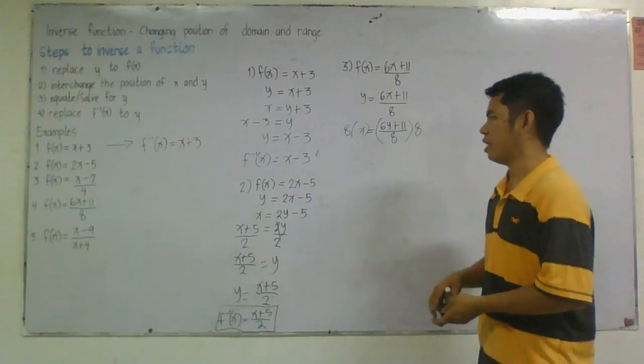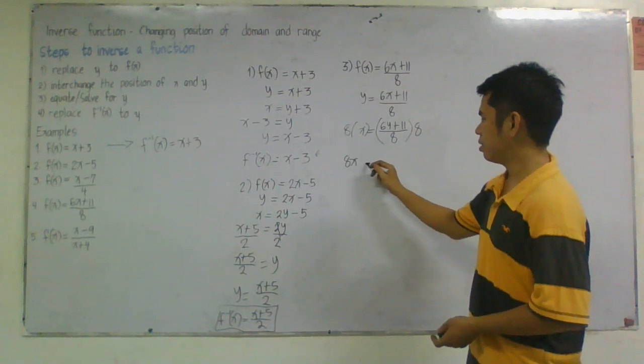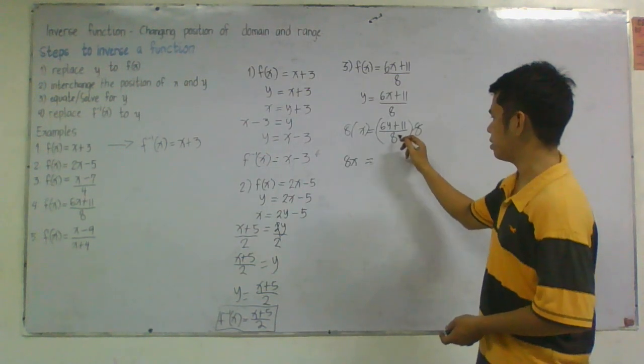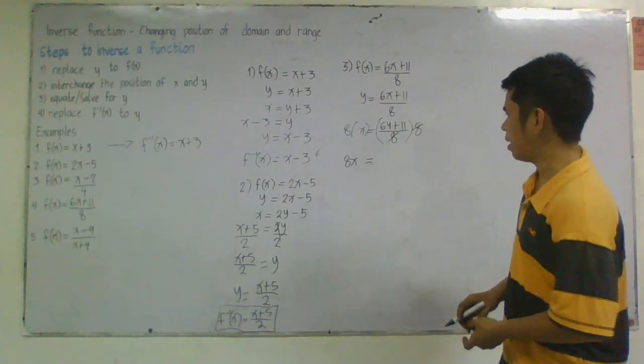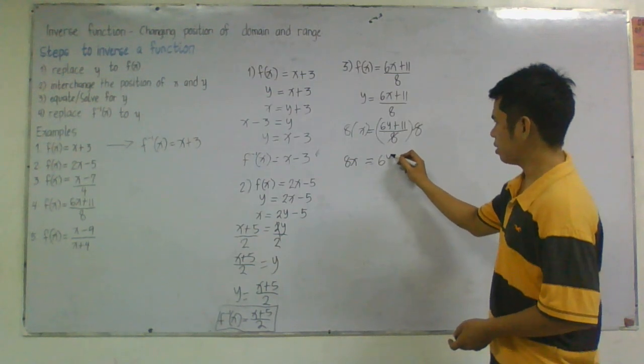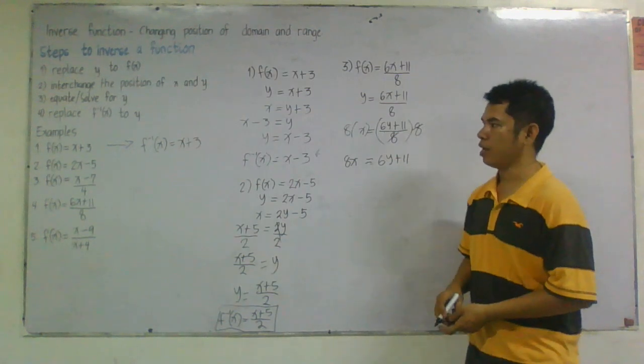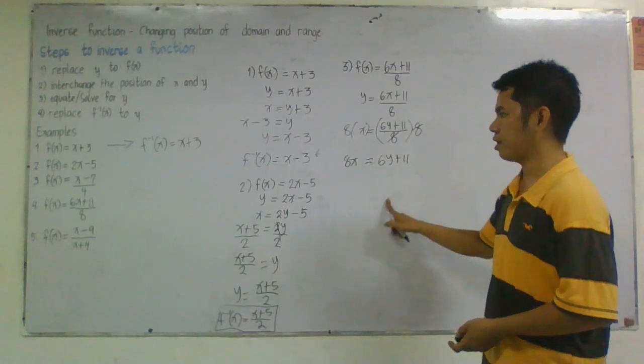Now if we multiply 8 times x, that is 8x is equal to, we can cancel this because 8 divided by 8 is 1. So now we have 6y plus 11. Okay? So we are not done yet.